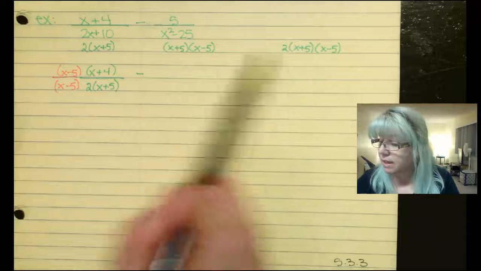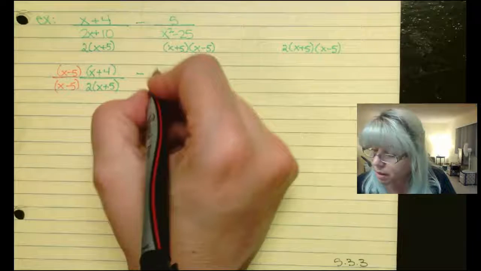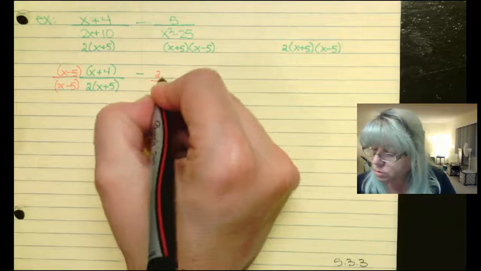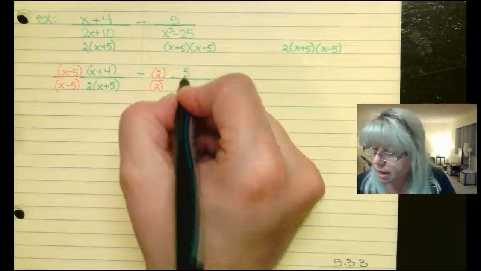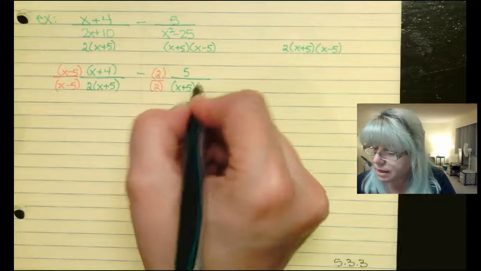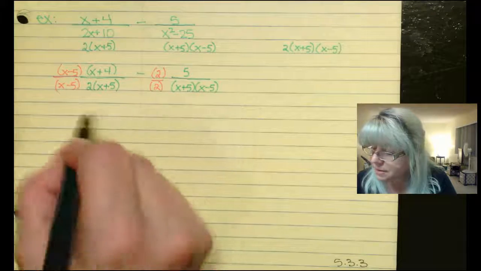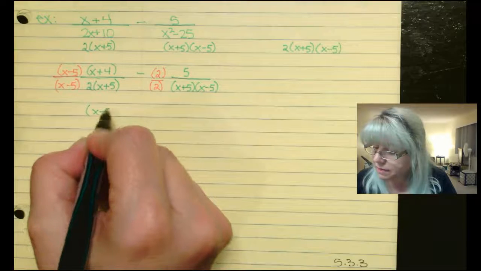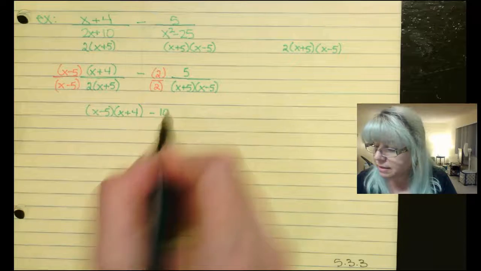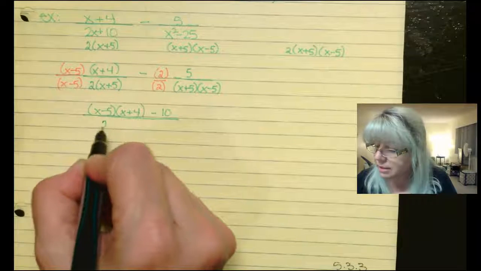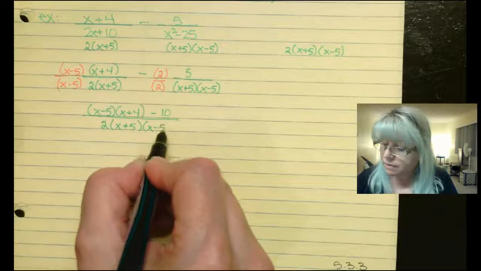It has the x plus 5, it has the x minus 5, but it does not have the 2. So I'm going to multiply both top and bottom by 2. X plus 5, x minus 5. Okay. That leaves x minus 5, x plus 4, minus, well, 2 times 5 is 10, all over the LCD of 2 times x plus 5, x minus 5.